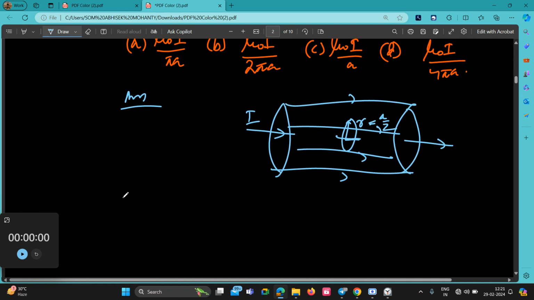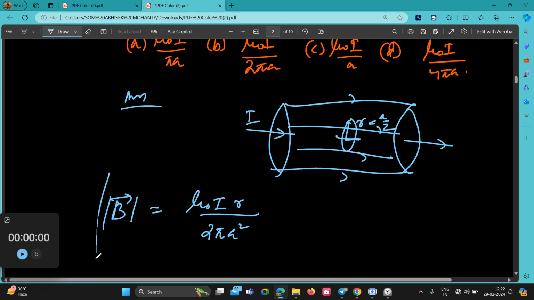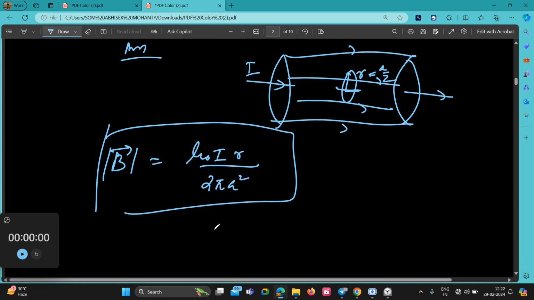So first of all, the formula is what? If you remember the formula for this, it is mu naught I r by 2 pi a square. This is the formula. So you just have to put r equal to a by 2 here. Straight formula; you just have to remember the formulas.